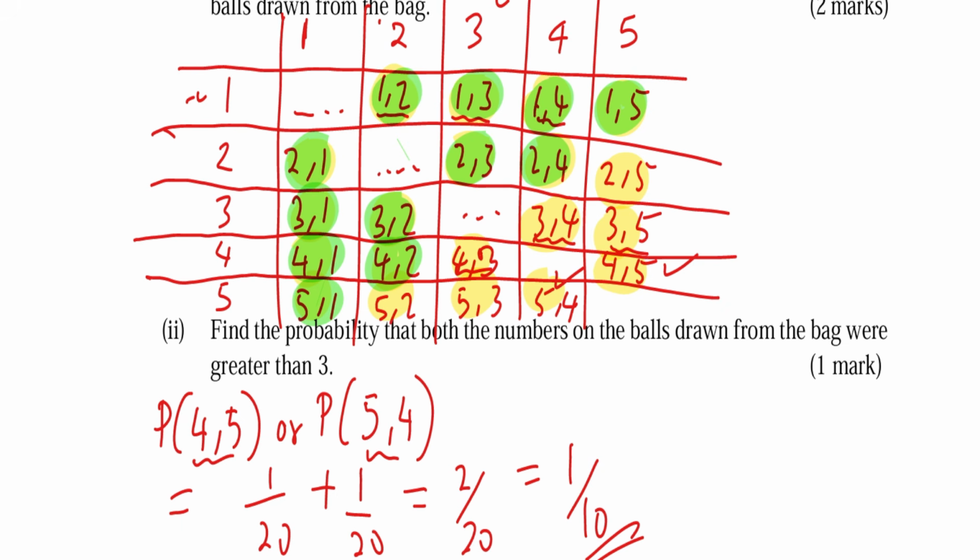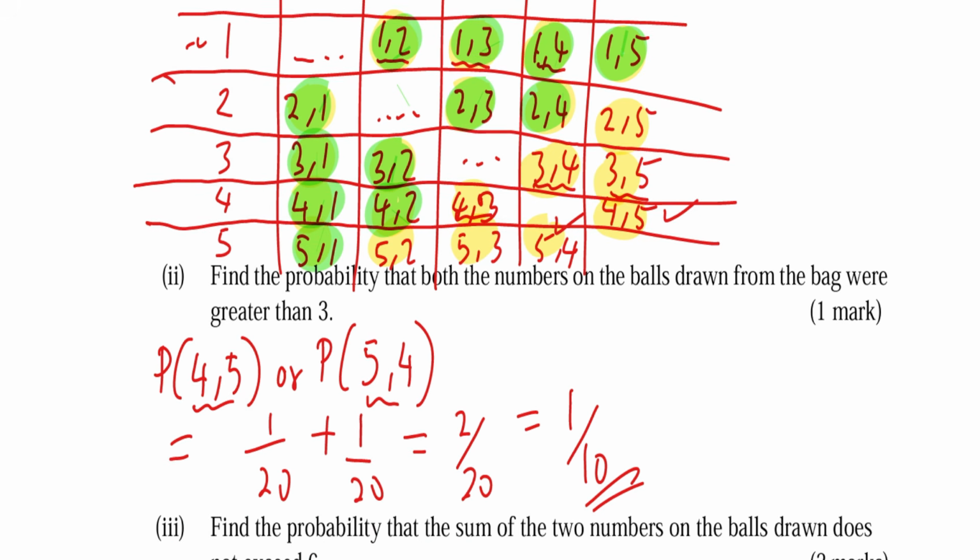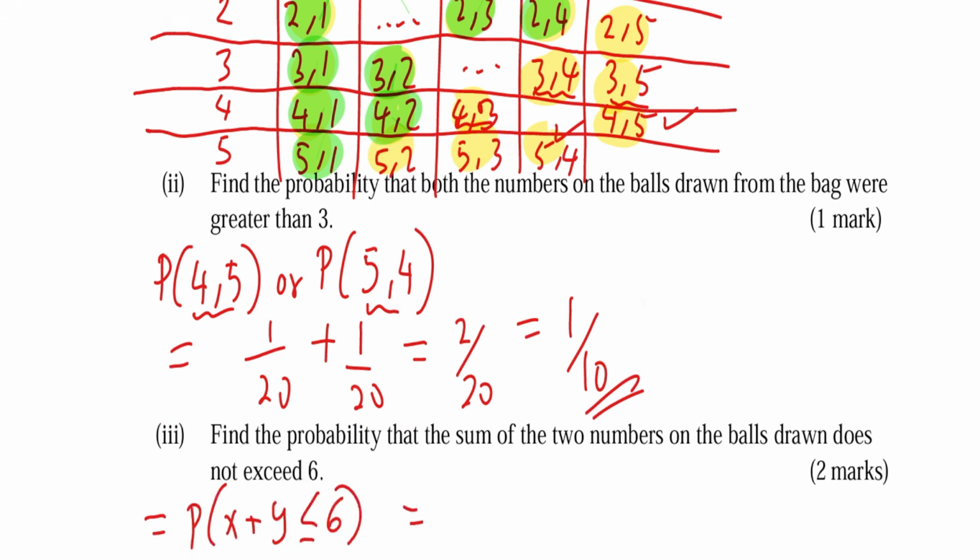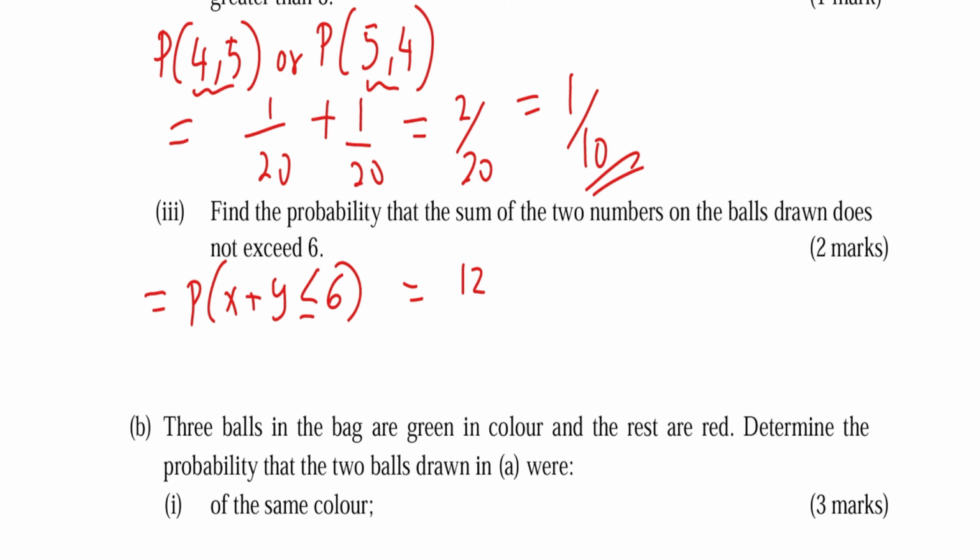So all in all it's just those. How many? 1, 2, 3, 4, 5, 6, 7, 8, 9, 10, 11, 12. So those are 12 occurrences. The other ones are more than 6. So it's 12 over 20. If you simplify 12 over 20, it gives 6 over 10. If you simplify again, it gives 3 over 5. An easy question again.